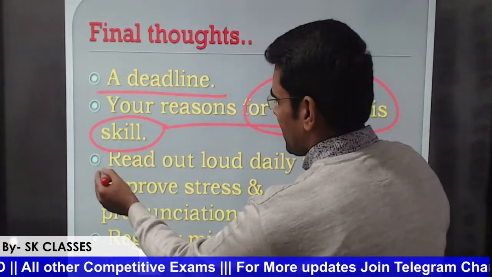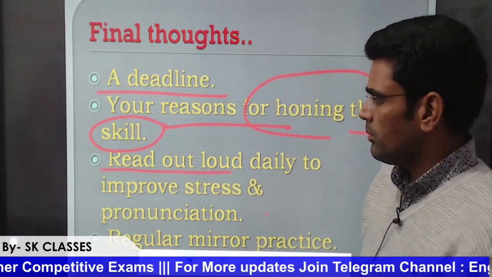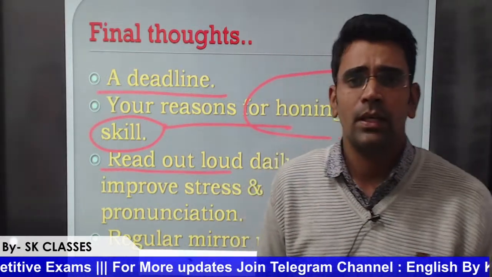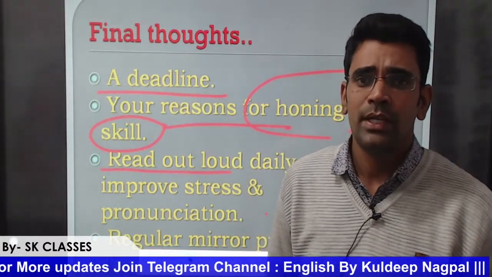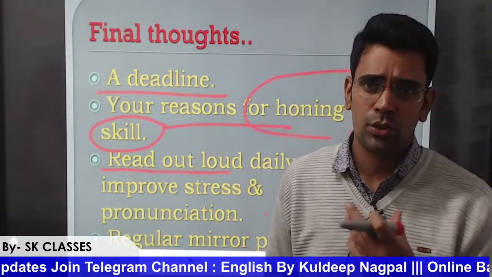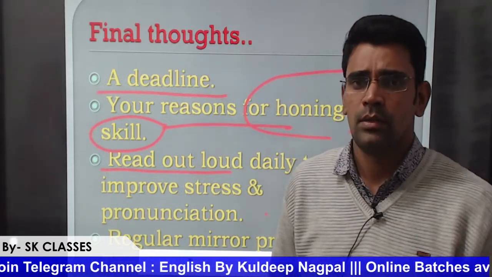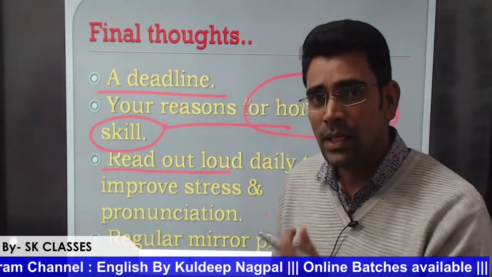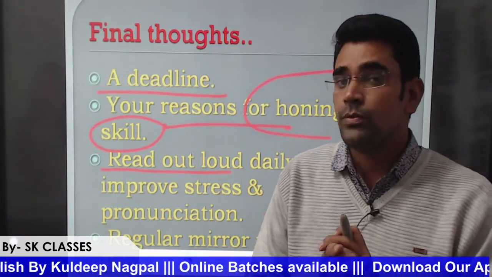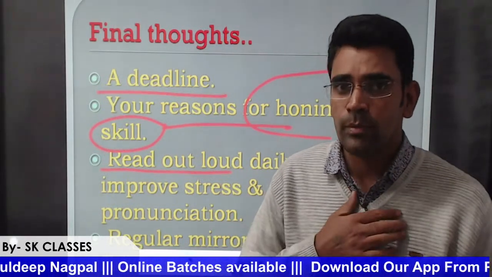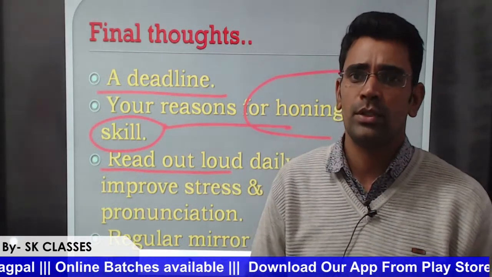Read out loud daily, because we have been speaking in our own languages for so long. You need to get your jaw structure used to speaking in English. Because if you don't do that exercise, I won't be able to help you improve your pronunciation.